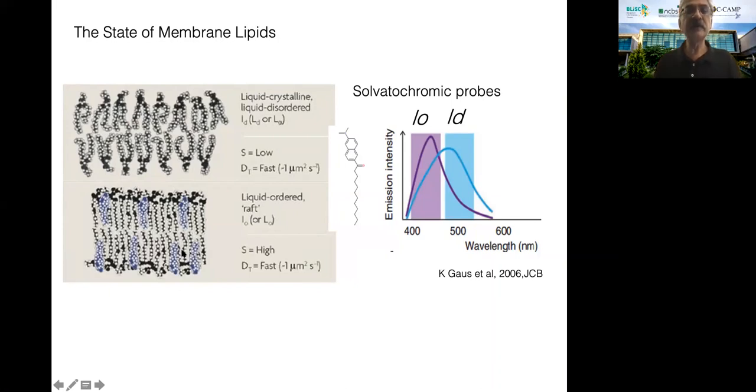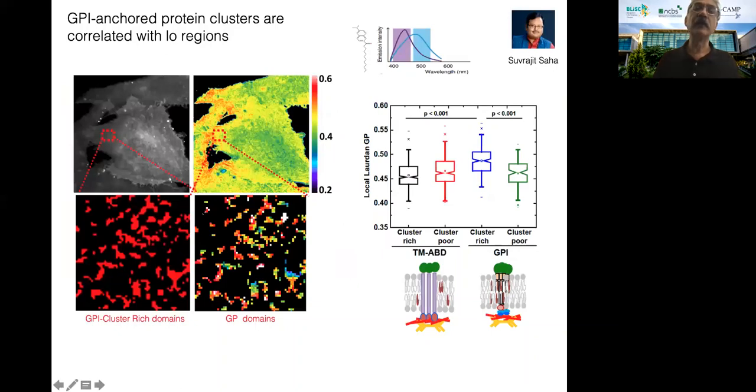If it was ordered, the fluorescent wavelength emission would be more blue shifted. If it were disordered, the fluorescent wavelength of the fluorophore would be more red shifted. So using such a property of the fluorophore, we determined the nature of the domains where the GPI anchored proteins were locally clustered into these nanocluster rich regions.